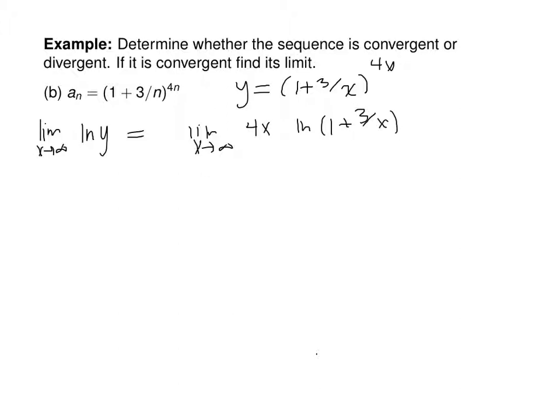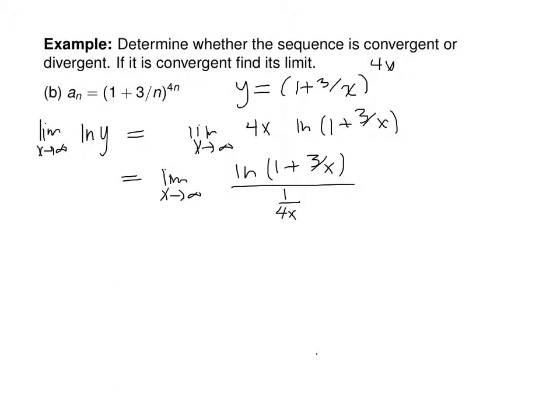As it is right now, we can't use L'Hopital's rule yet because we have infinity times 0, but I can manipulate it by writing it as ln of (1 plus 3 over x) divided by 1 over 4x.